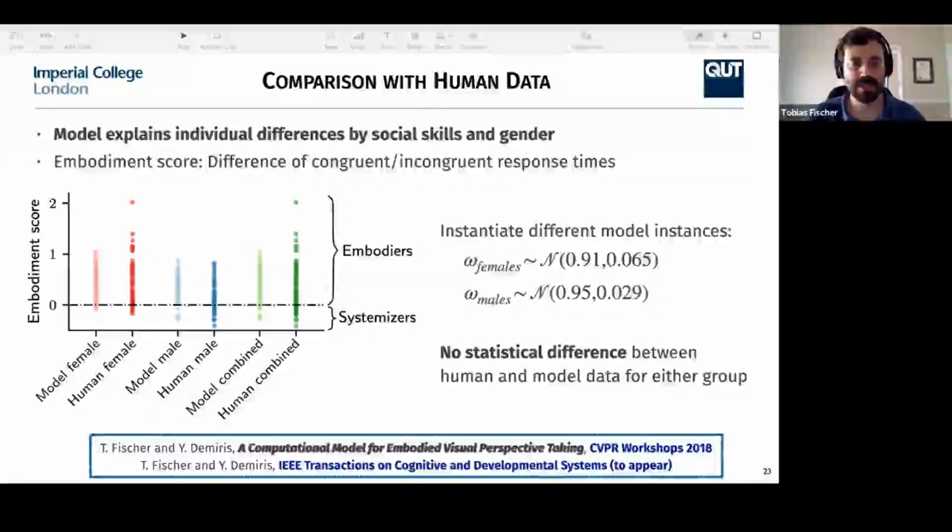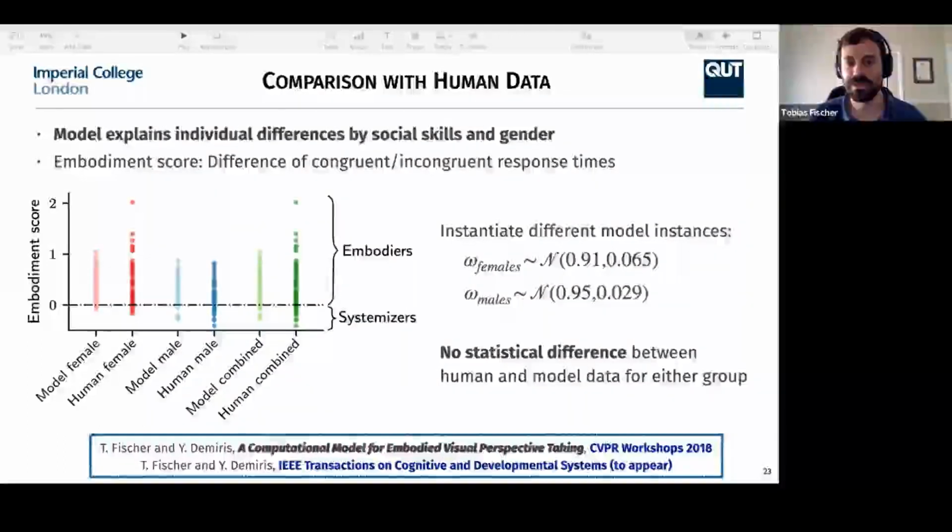And I split it into, so that's something which psychologists have done, they split it into females, males, and the overall group. And I can replicate the statistical properties again, just by slightly varying the mean and standard deviation of that omega for females and males.